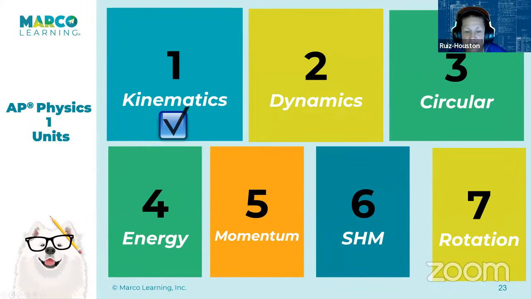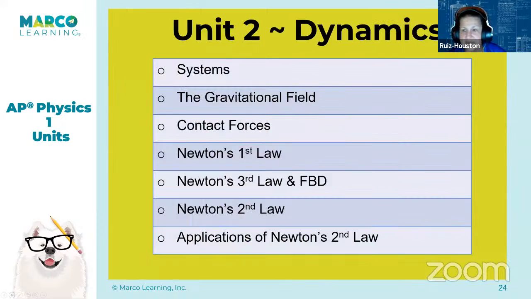All right, quick one. Let's now go to dynamics. So in dynamics, we had to talk about what is a system. Now, here's one that kind of messes with students' brains. Now, if I have, let's say, an object and I move it to a certain height, like for energy, but the Earth is not present.